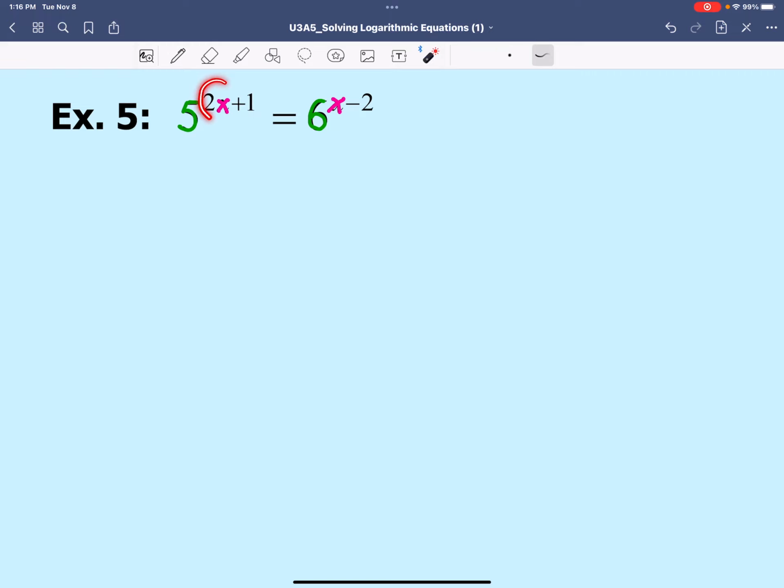So to gain access to the exponent in each exponential term, what we do is we use the power law of logarithms, which I'm going to write down in here. Remember we said that log with base b of x to the power of r equals r log with base b of x. That's the power law of logarithms.